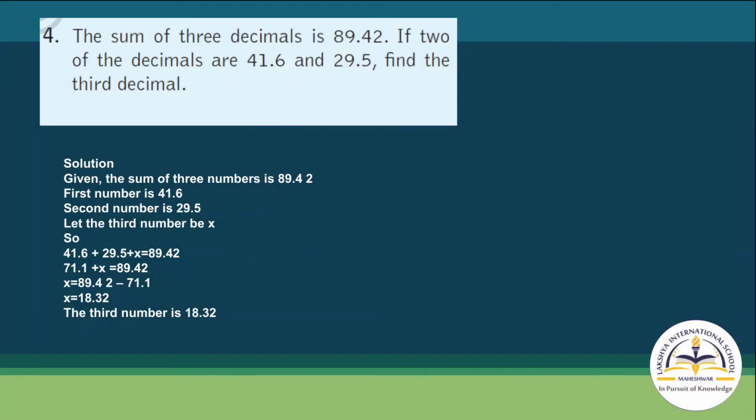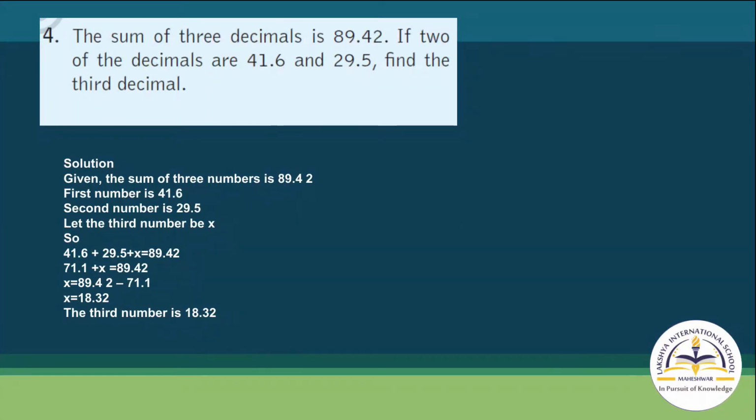Now question number 4, the sum of 3 decimals is 89.42. If 2 of the decimals are 41.6 and 29.5, find the third decimal. Now the given is the sum of 3 numbers is 89.42. The first number is 41.6 and the second number is 29.5. Now we have to find the third decimal.